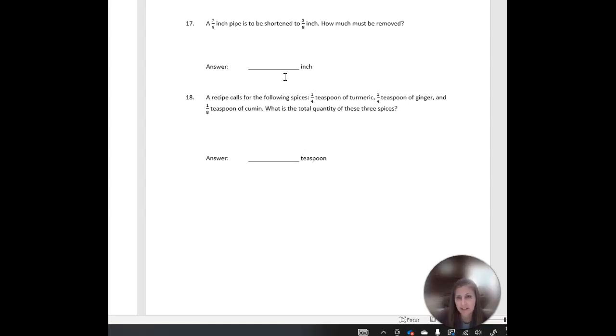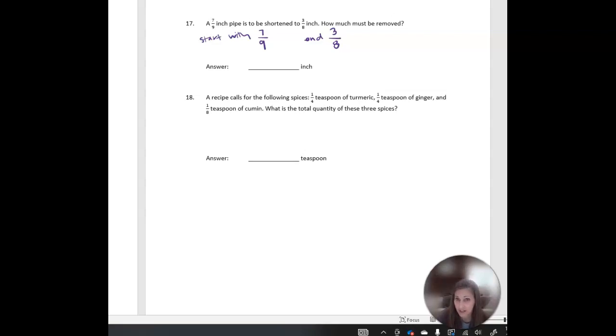So you've got a pipe that's 7/9 inch and you're going to shorten it to 3/8. How much must be removed? So you're starting with 7/9, and you're going to end with 3/8. So 7/9 minus what number is 3/8?